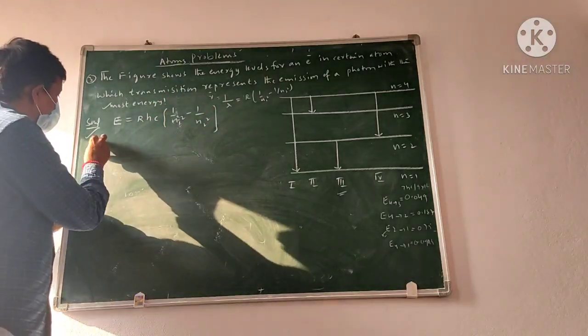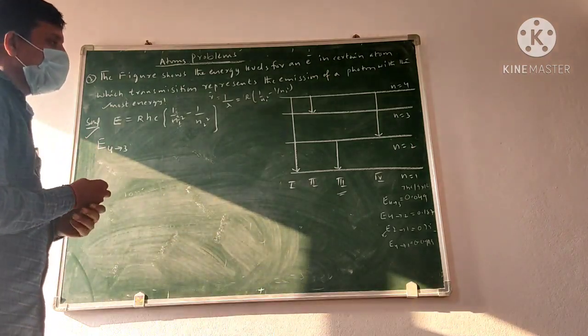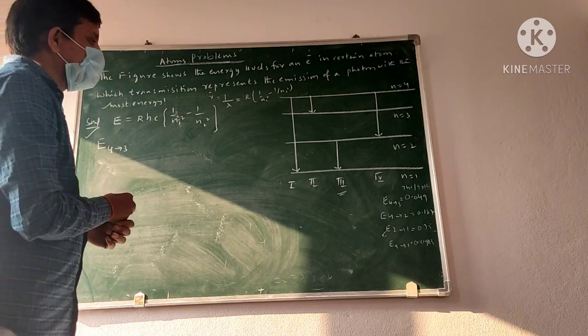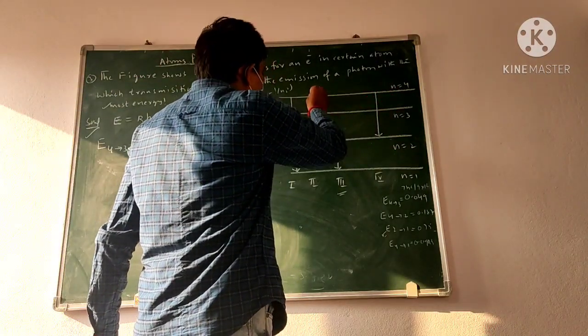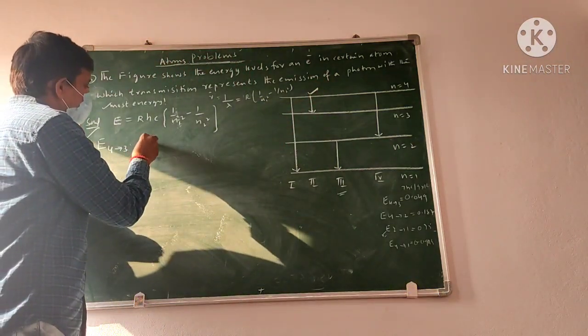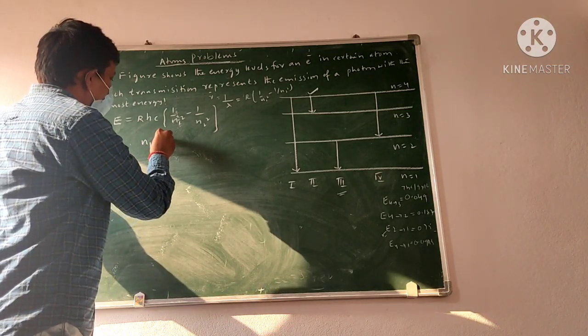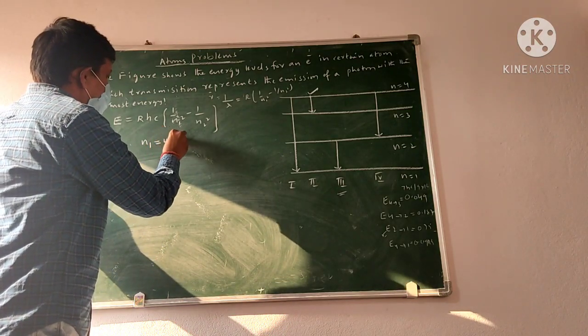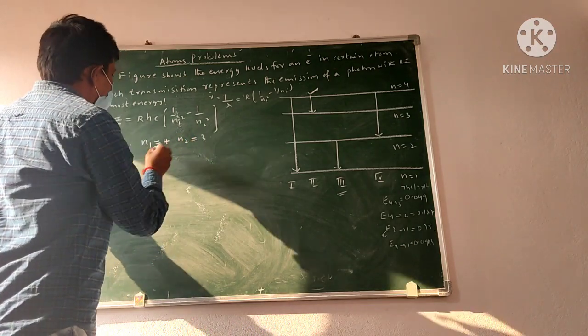First we take the transition E from 4 to 3. In that case, n1 is 3 and n2 is 4.